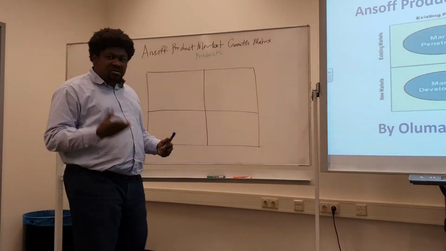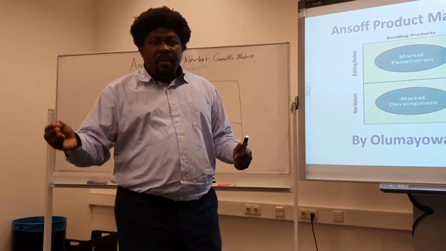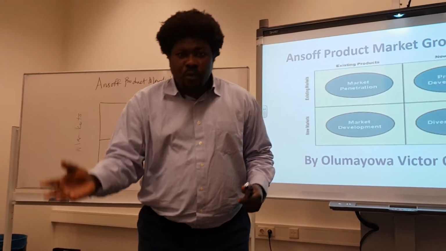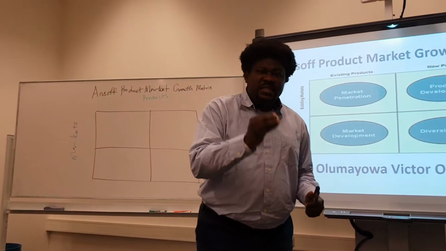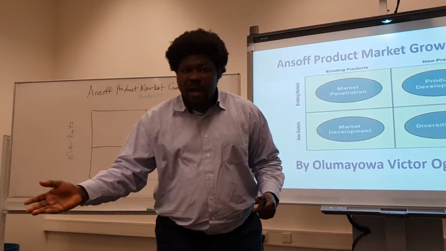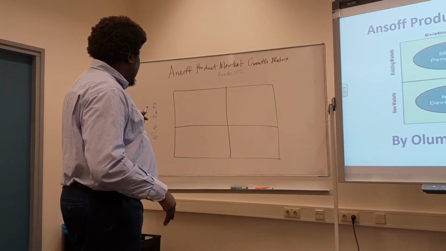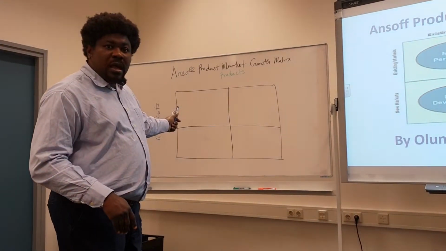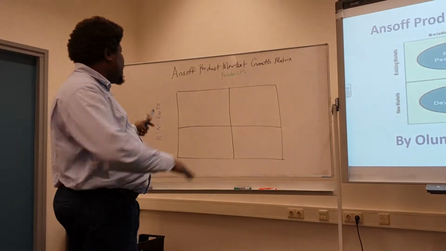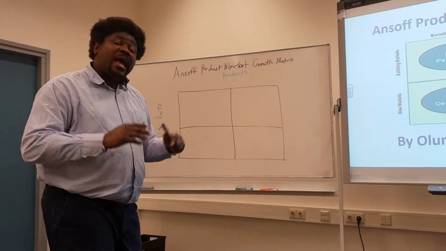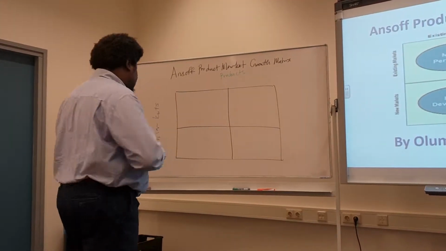The Ansoff Matrix, furthermore, is about existing or new products or existing or new markets. And that tells you that we are going to divide the market into existing markets or new markets, and we are going to divide the product into existing products or new products.